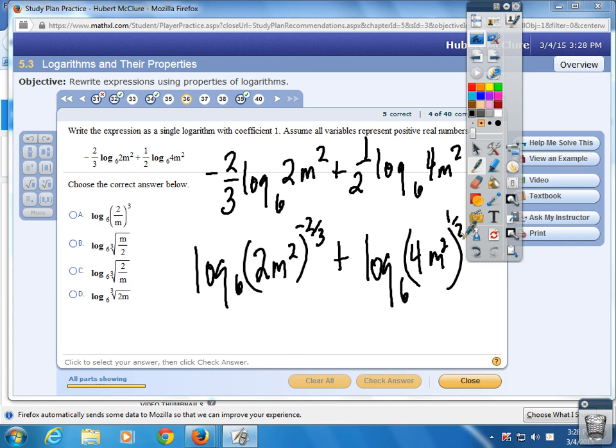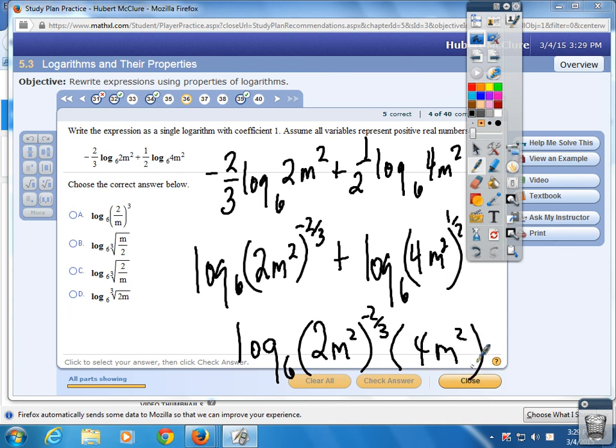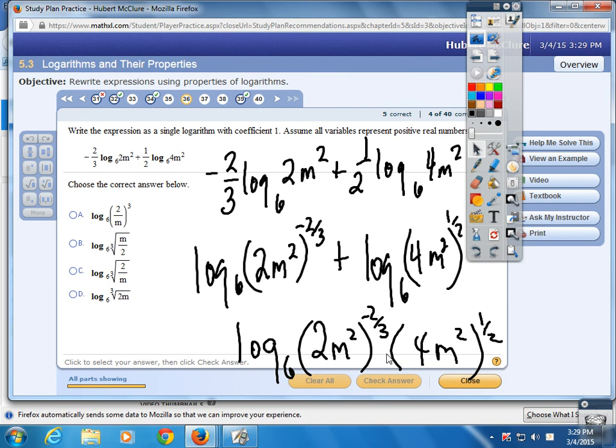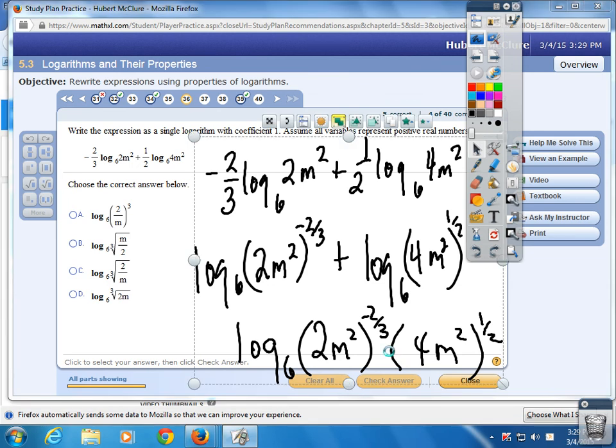And that's going to be log base 6 of 2m squared raised to the negative 2/3 times 4m squared raised to the 1/2. Now we can actually take that and probably do a little bit more to it.